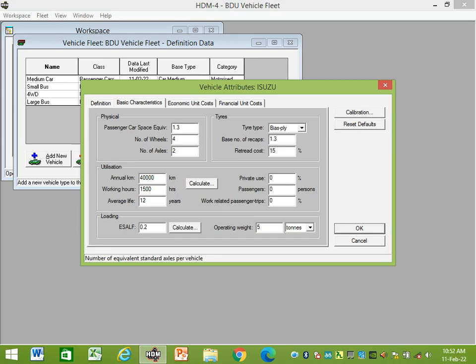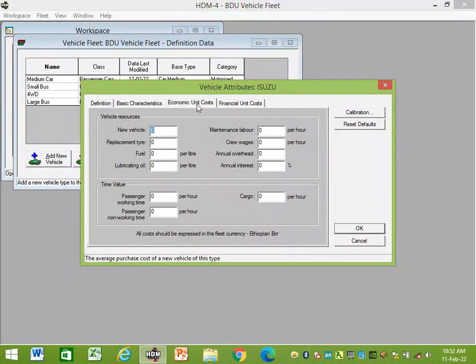Take 5 as the total gross weight, front 2 and rear 3, then 2 over 8.2 to the power of 4.5 for the front axle, then the back one 3 over 8.2 to the power of 4.5. You can calculate that, it's possible. Okay, so you take this data, then economic unit cost.